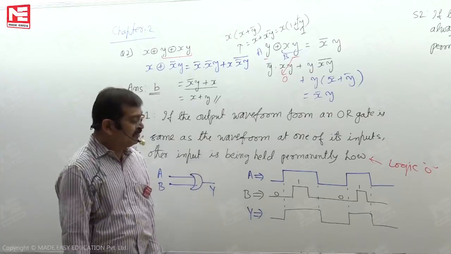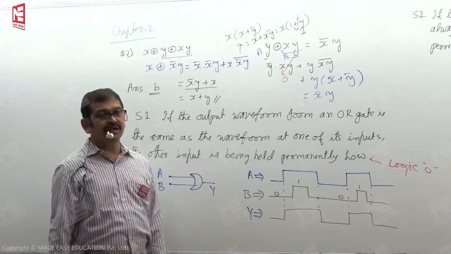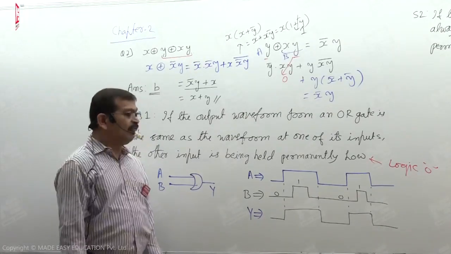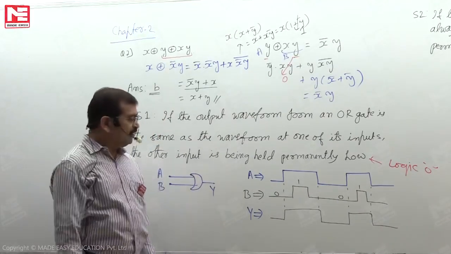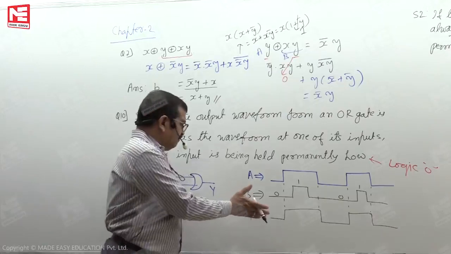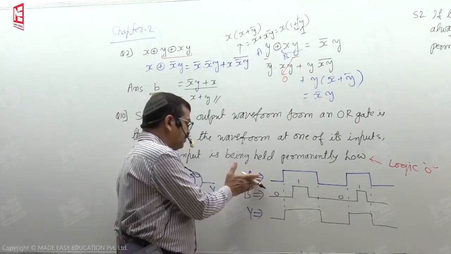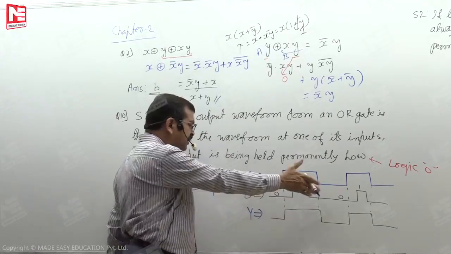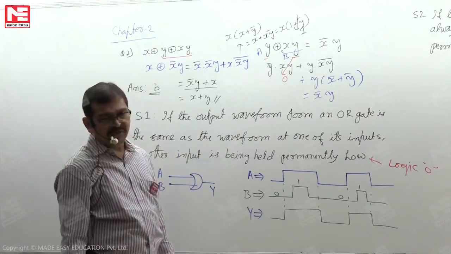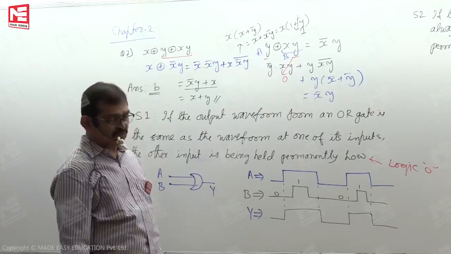So without keeping the second input B permanently 0, I am reading the output same as input A. So there is no need for the other input to be permanently at logic 0.